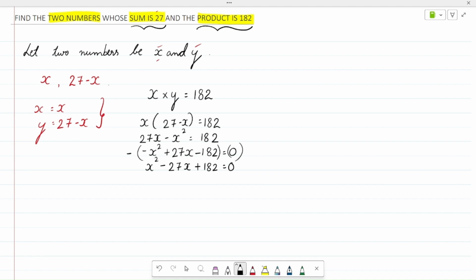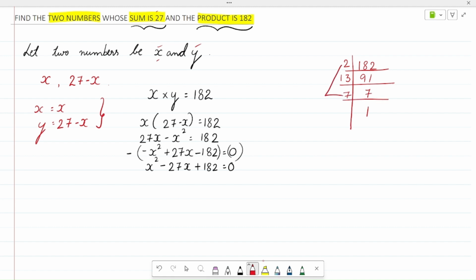Now you can make use of the quadratic formula, or you can make use of prime factorization followed by grouping and figure out the value of x. If I make use of prime factorization, it goes with 2, then 13, 7 times and 7 once.